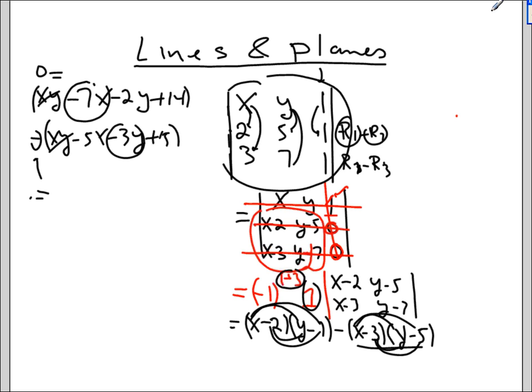Oops, not having a good day. Negative 7x minus negative 5x is negative 2x. So I dealt with those two.